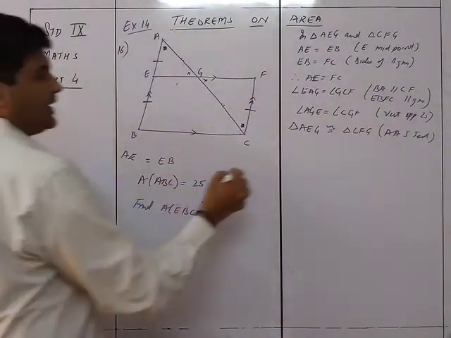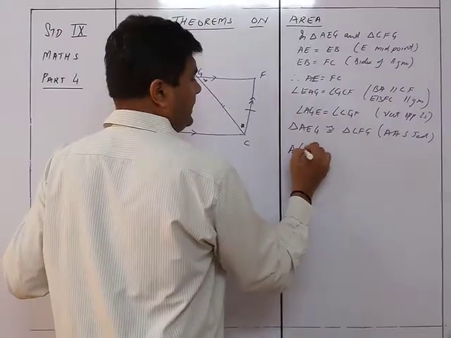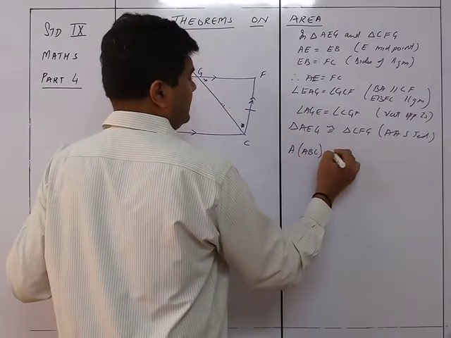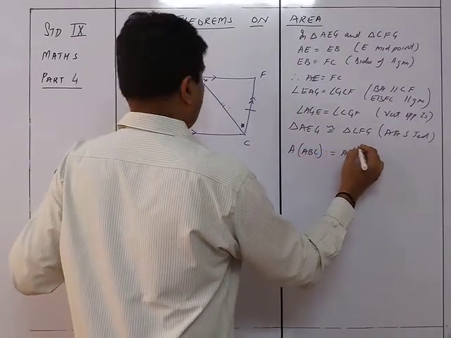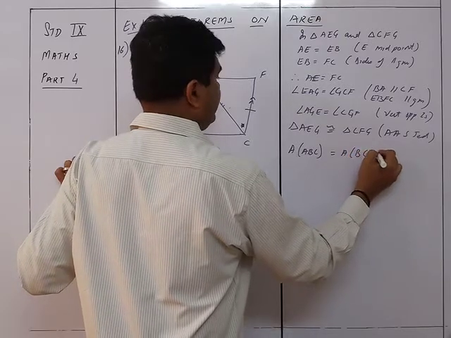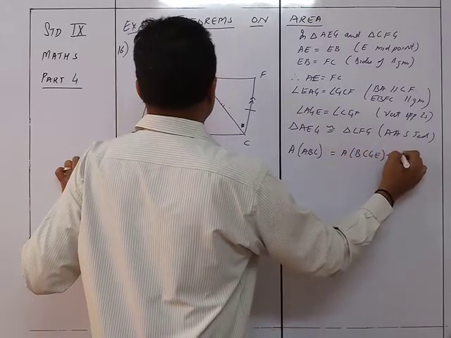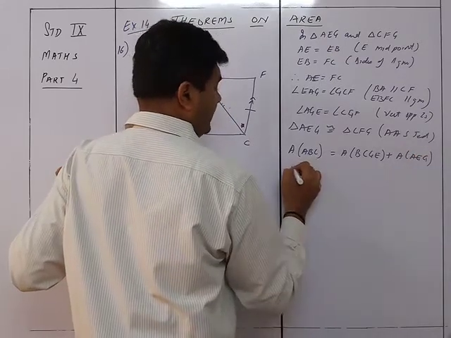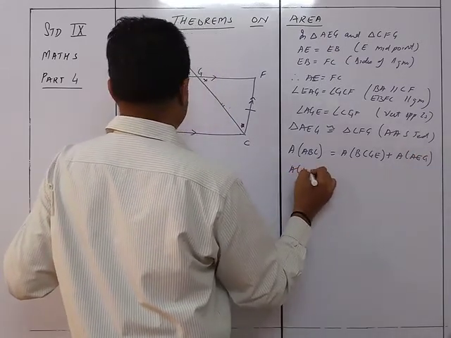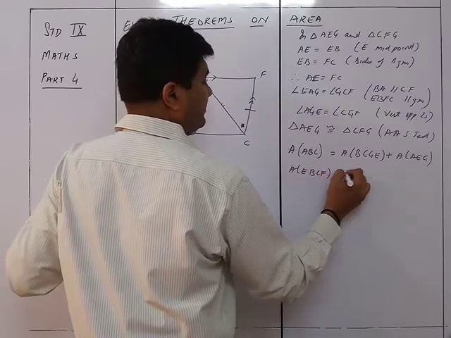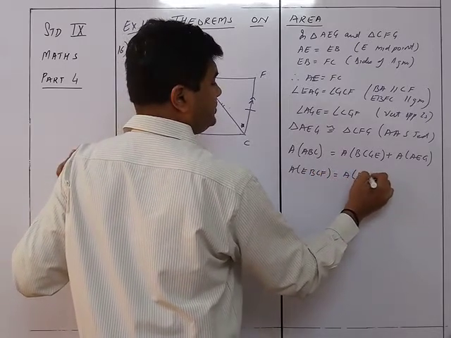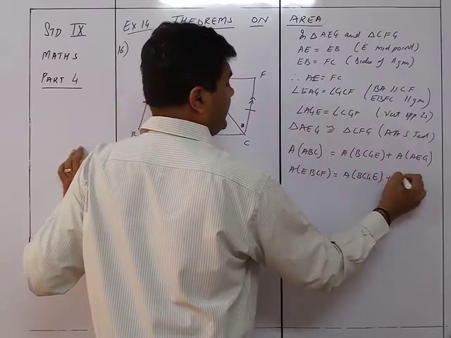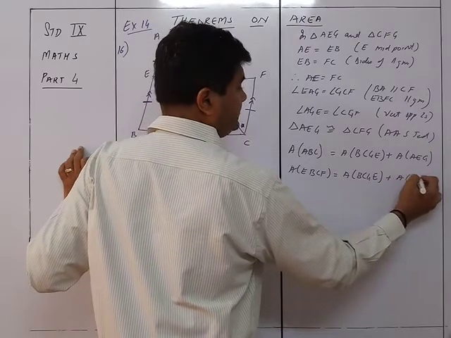So now we know that area ABC is equal to area BCGE plus area AEG, and area EBCF is equal to area BCGE plus area CFG.